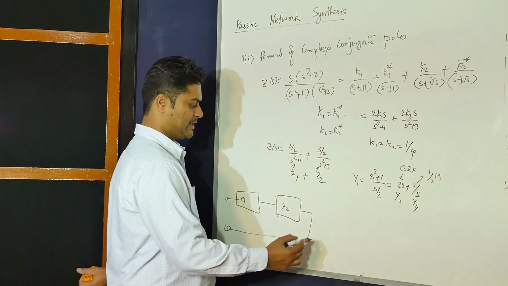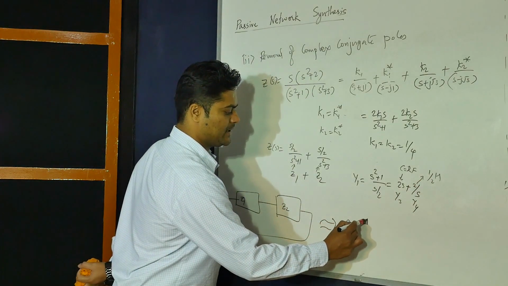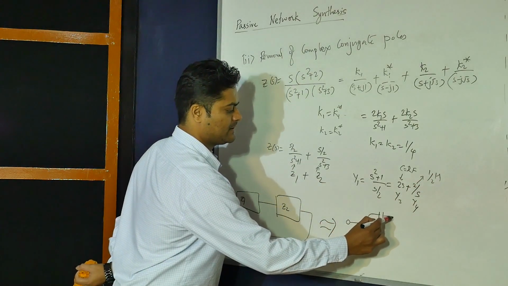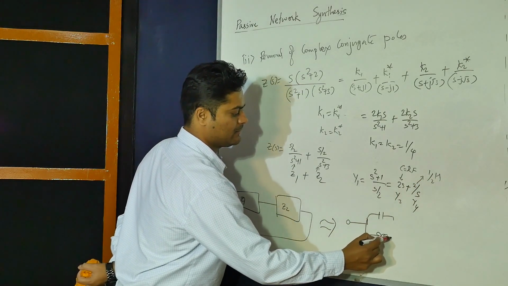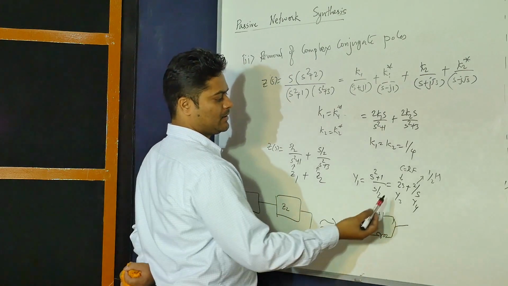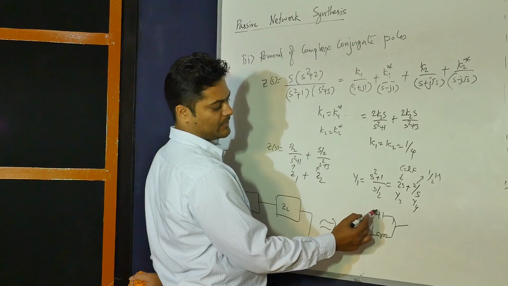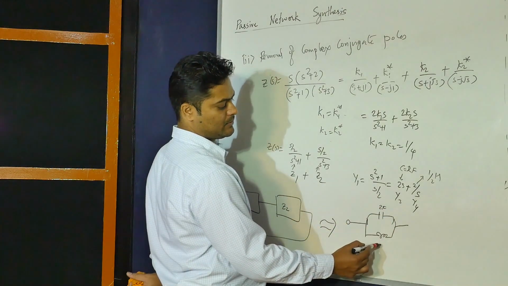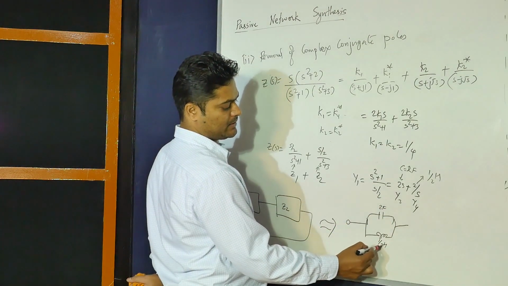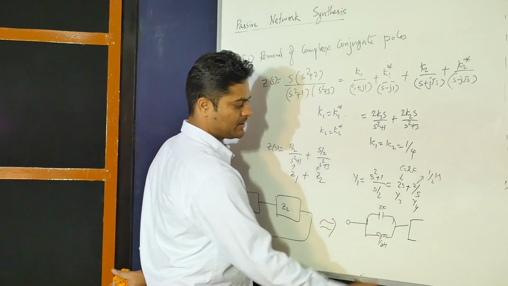So the first term is replaced with, if I write the elements, first will be capacitor and inductor. You can interchange this, no problem, but the value has to be taken care. So if I write here a capacitor, then it has to be 2 farad, correct? You can interchange, write it whichever way you want, but make sure that you get proper results.